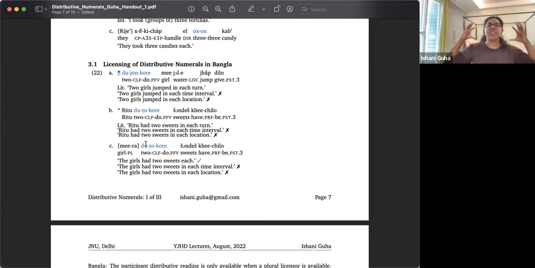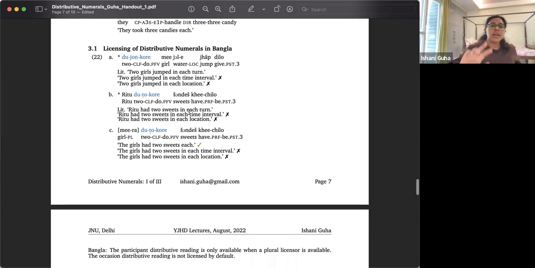So it seems like an incomplete sentence. So that's why I don't think it behaves like Telugu. Even with dutokode, it doesn't behave like Telugu. And C does have the participant distributive reading. So Mera dutokode shandesh khechilo does have the reading, of course, that each of the girls had 2 sweets.